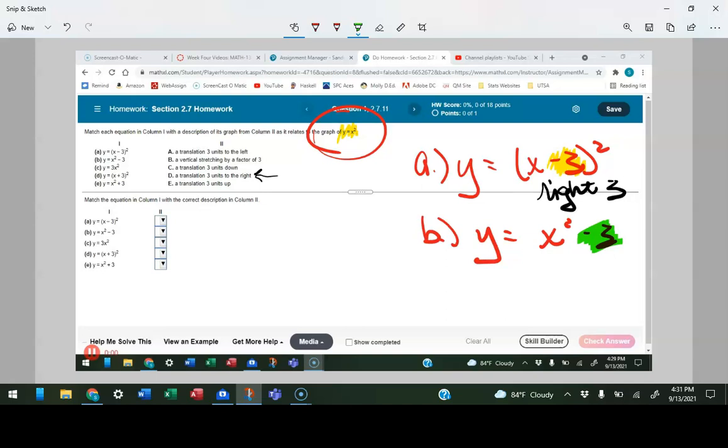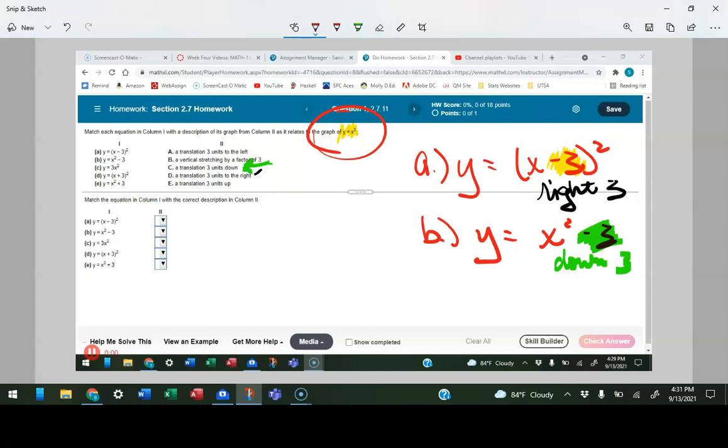It is attached to an x squared. So that tells me it's an up-down, and I do exactly what it says. This tells me I'm going to go down 3 units. So I've got a translation that is 3 units down.